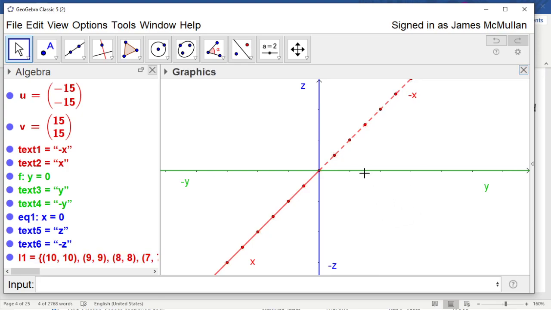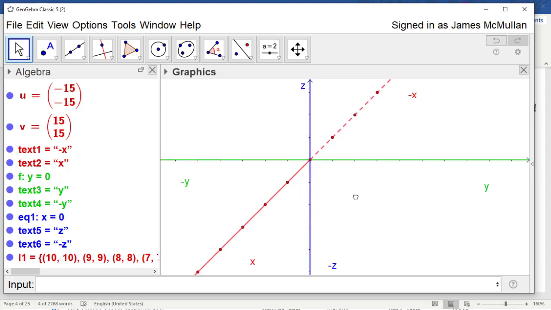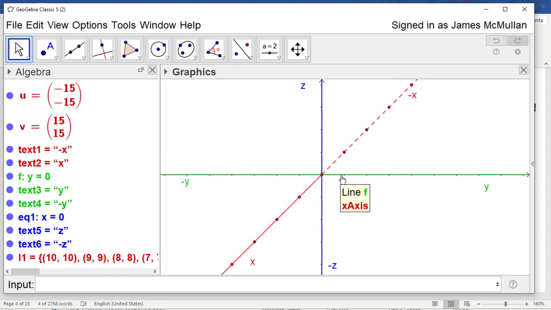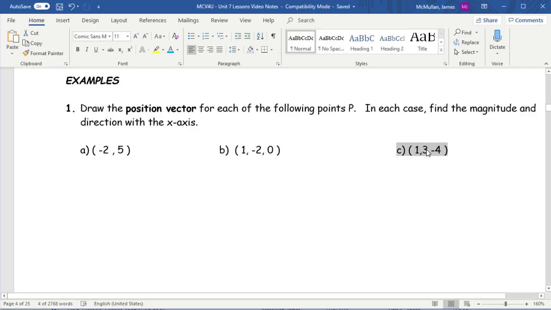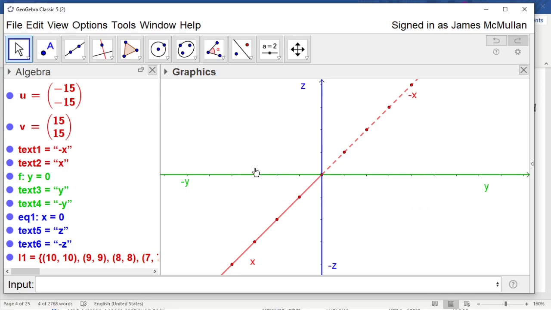Okay, so here's my drawing, right? And I've got a tick mark on all the x's and y's. So there's a tick mark on all the y's, tick mark on all the z's, and now a tick mark on all the x's. So suppose I want to draw this coordinate 1, 3, -4. How do I do that? First, draw just the x.